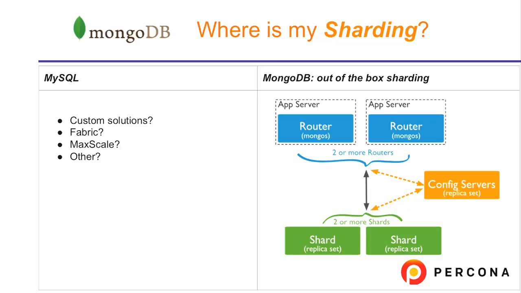If you lose your config servers, then all those chunks will be a sort of mess. You don't know where to go. You have your data, but you have no ability to do anything with it. So 3 plus routers. At least 2 routers are recommended.